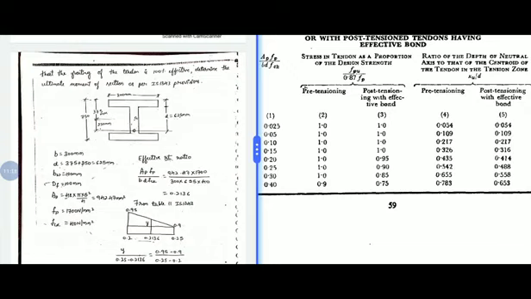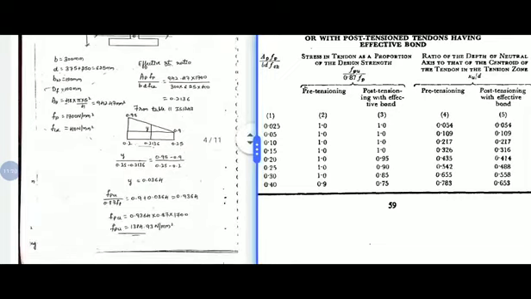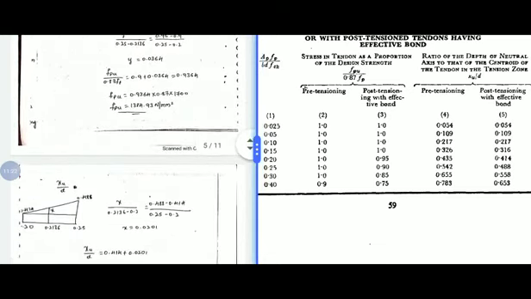Similarly for the XU by D ratio, refer to column number 5. For 0.2 we have 0.414 and for 0.25 we have 0.488.